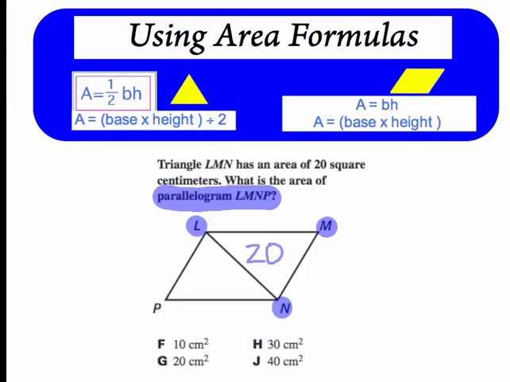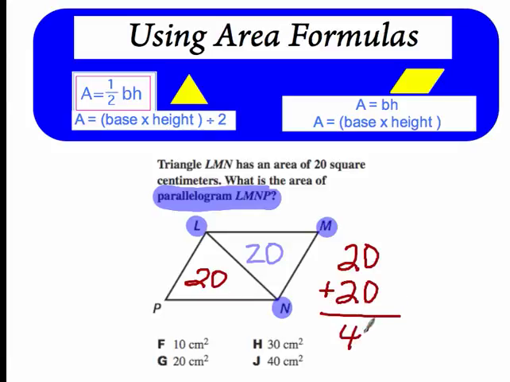Well, if we remember from before, the triangle here and the triangle here are the same. If that's 20, then we're going to add 20 plus 20 and we're going to get 40. So the area of the entire parallelogram is both triangles added together. 20 plus 20 is 40, 40 centimeters squared.